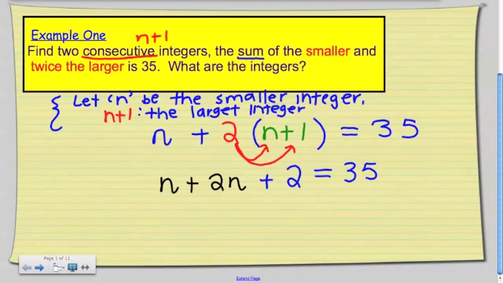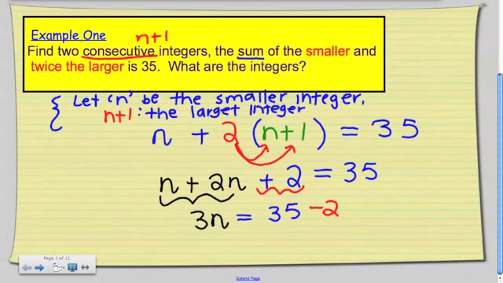That gives me a total of, if I'm combining like terms, 3n is going to be equal to 35, and we want to bring the positive 2 over to the other side, so it becomes negative 2. So 3n is going to be equal to 35 minus 2, which is 33.